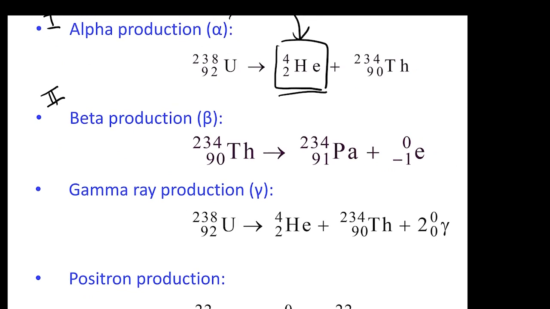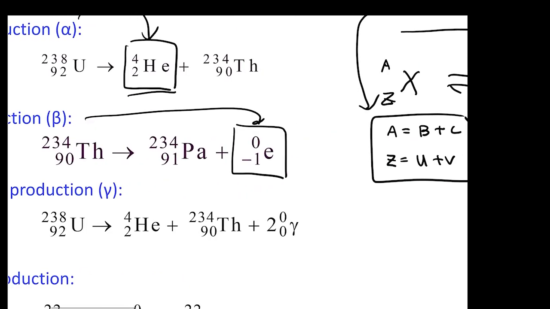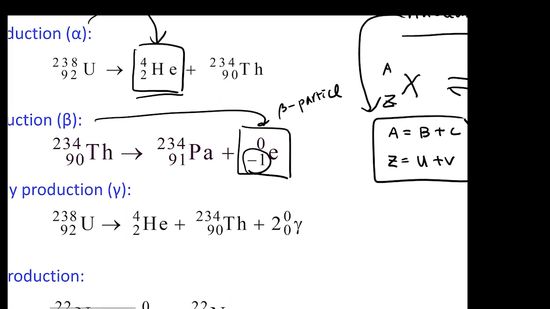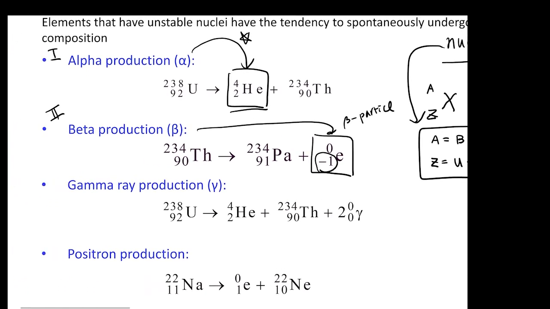Type number two: if inside a description you see some atom undergo beta production, that means it's going to produce electrons on the product side. The electron is the so-called beta particle. It carries a -1 charge. And then the third type is the so-called gamma ray production.